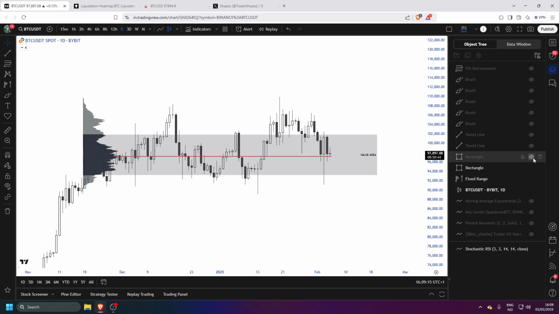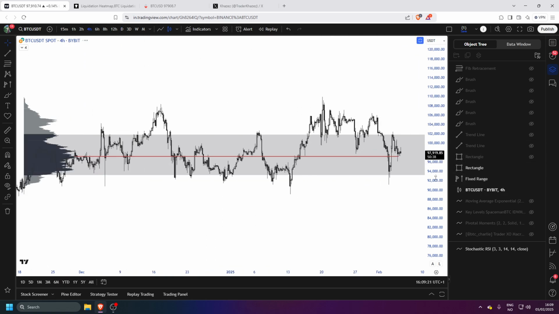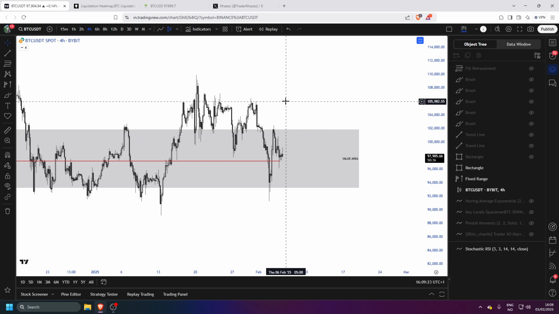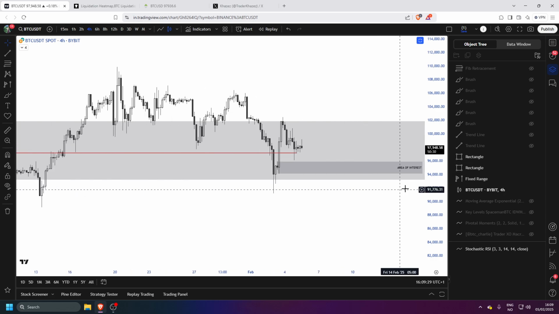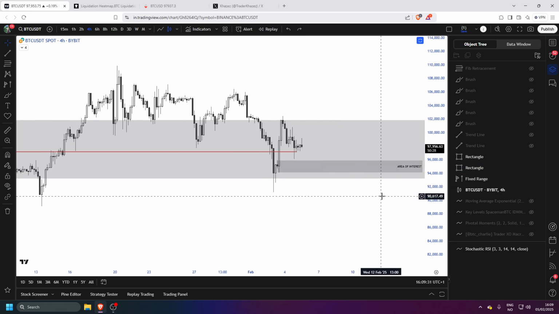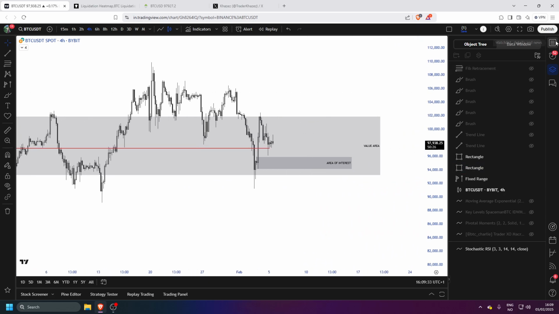Okay, now moving on. Let me go step by step. Going down to the 4 hour straight away. So what am I looking for here? Well, this is my area of interest. Why is this my area of interest? Well, there is an H4 demand, an H4 order block right here.